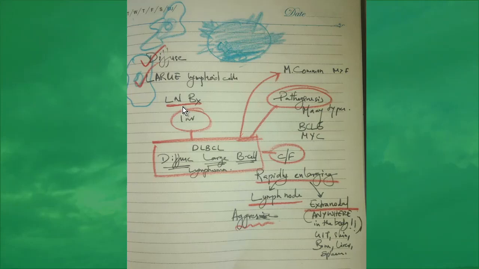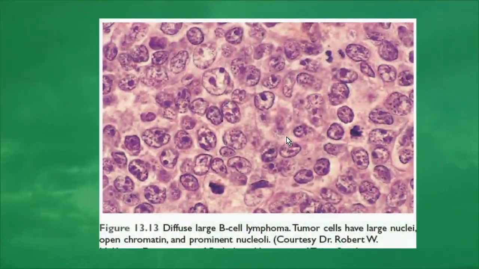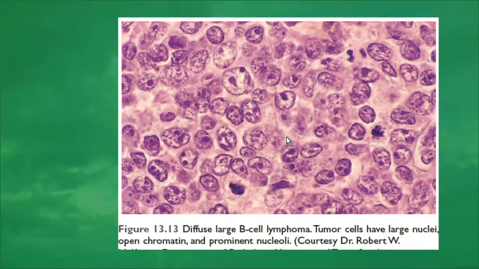And lymph node biopsy shows large lymphoid cells, weird looking pleomorphic cells, and diffuse effacement of lymph node, and it can infiltrate into surrounding areas. It's almost like a carcinoma. You can confuse a DLBCL with a carcinoma. You almost always need an IHC to prove it. Yeah, these are the tumor cells. You can see pleomorphism.